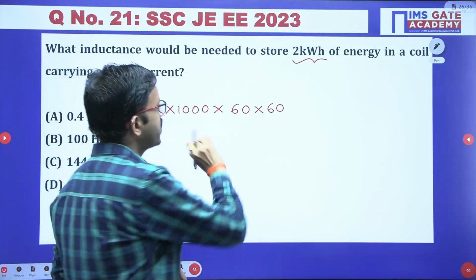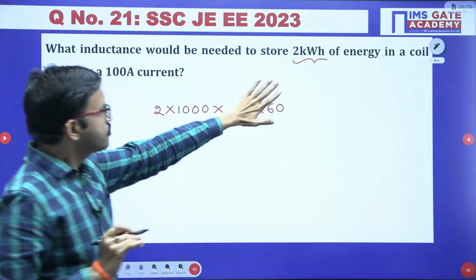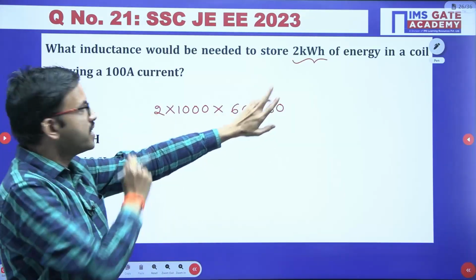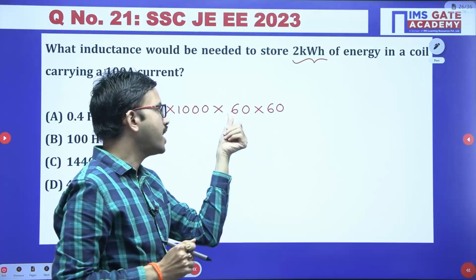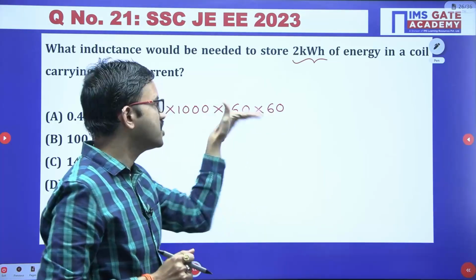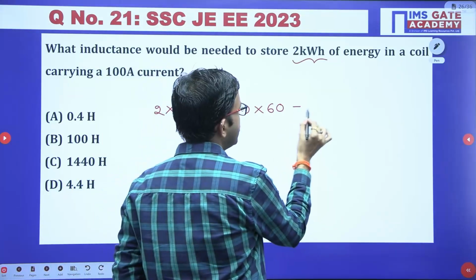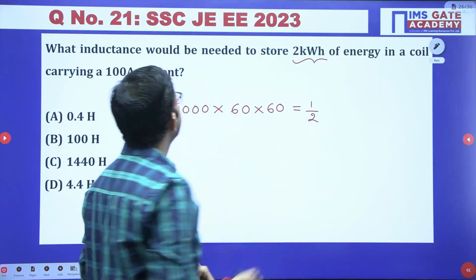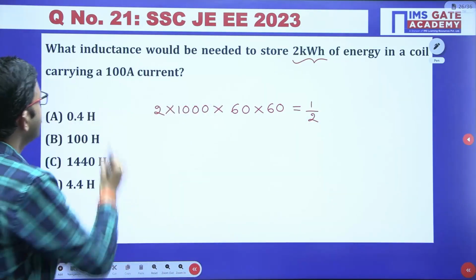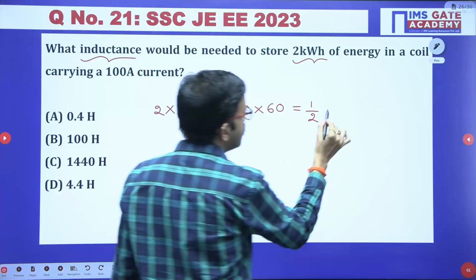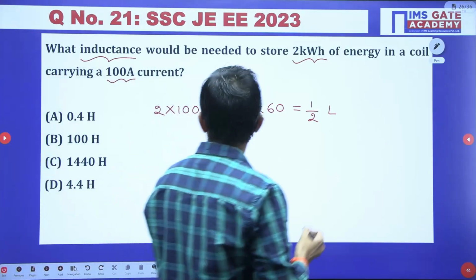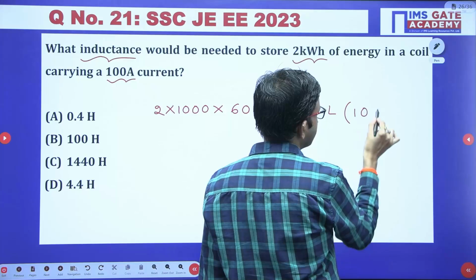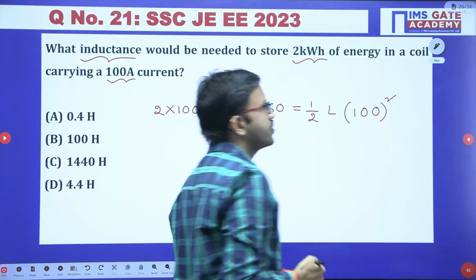Generally a few students may write only up to the earlier point, but since hour is represented, hour is nothing but 60 minutes and 1 minute is nothing but 60 seconds. This much you have to write. So energy stored in the inductor is equal to half L I square. Here we have to calculate the inductance. The I value given is 100, whole square.